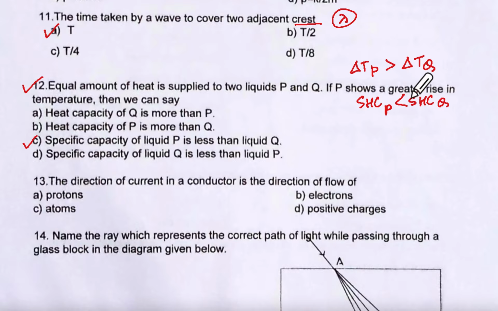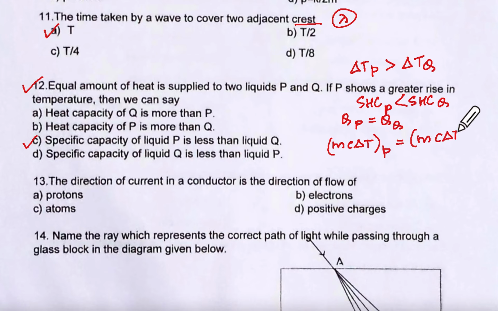Okay, for this again you could use, if the same amount of heat Q_P is equal to Q_Q, then m c delta T of P is equal to m c delta T of Q. You have to be familiar with this.